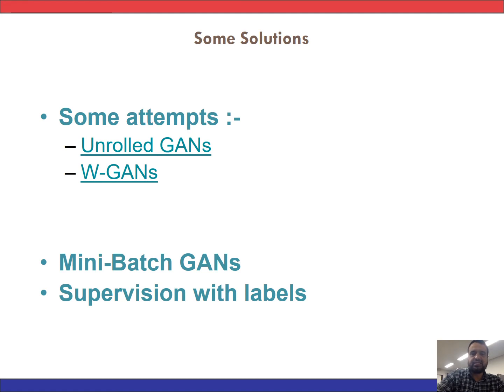The second one is called Wasserstein GAN. Here they modified the objective function. The discriminator takes the real image x and gives the output. Similarly, the discriminator also takes the fake image. So D is for discriminator, taking the fake image that we call G of z.